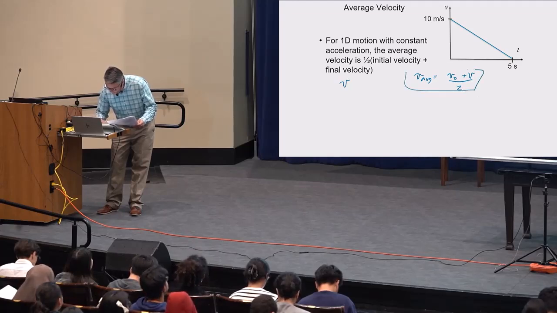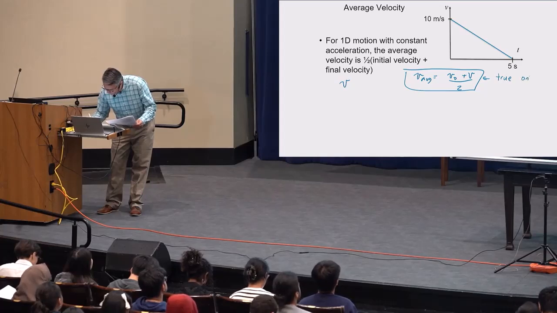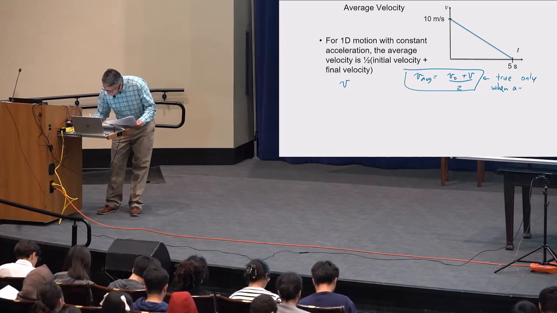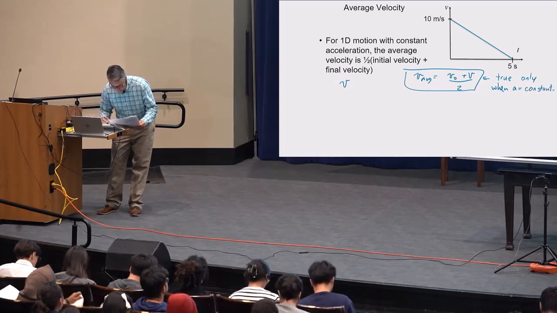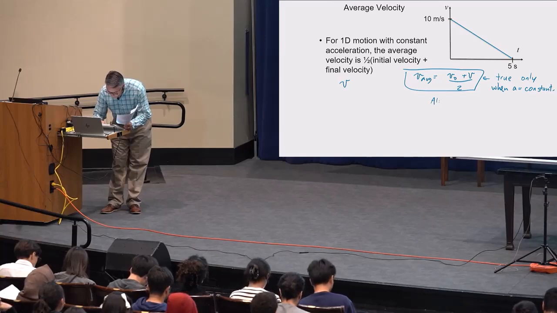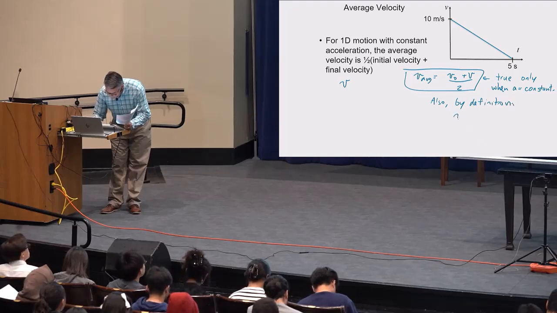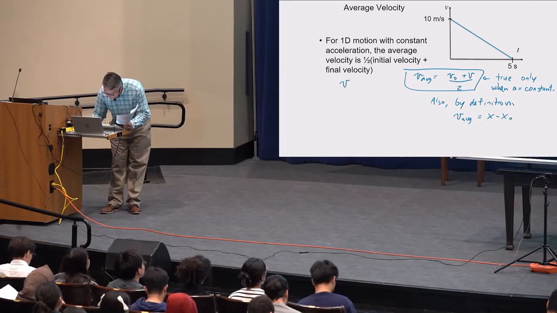And this is true only when the acceleration is constant. That's a little addendum. Also, by definition, you know that v average is equal to (x minus x0) divided by t, the time.